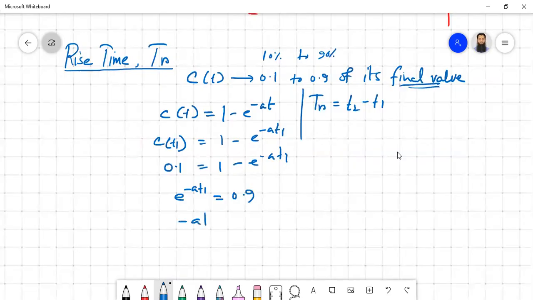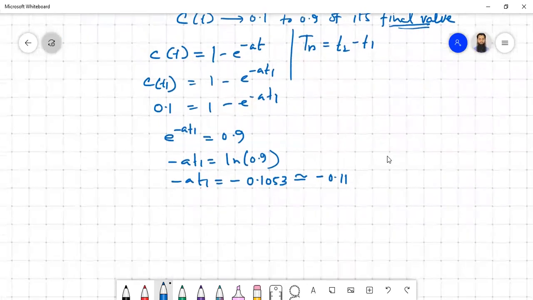So minus a t1 will be ln 0.9, which is minus 0.1053, something like this. But the book approximated this as almost minus 0.11 for simplicity of memorization of the derivation. So what we get is T1 is basically 0.11 by a.